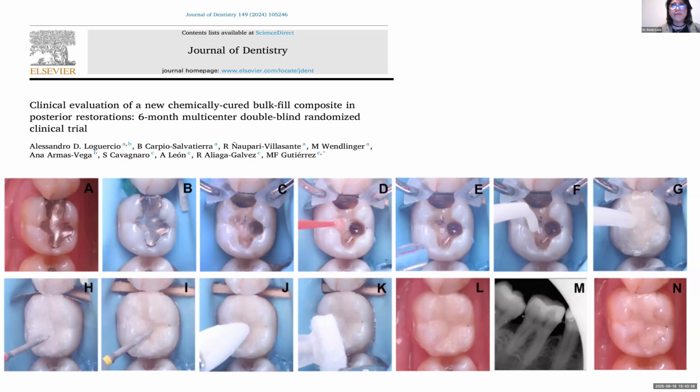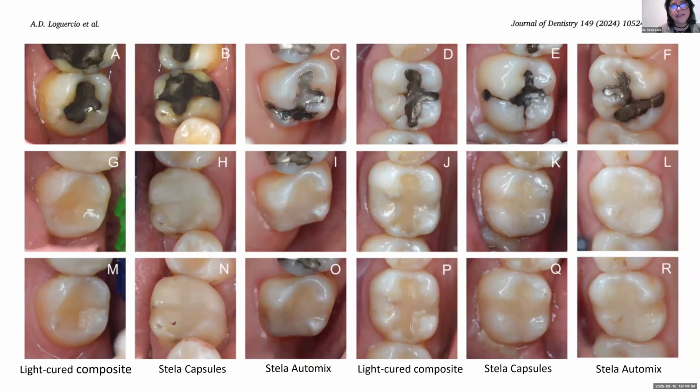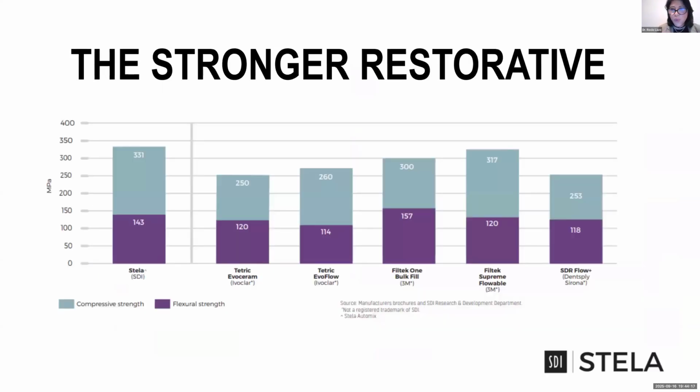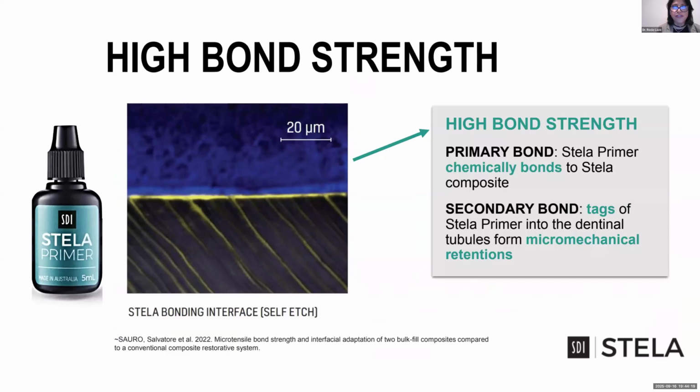Check this paper, Dr. Logercio: after 6 months, there was no color change in Stella syringe or Stella capsule after 6 months of follow-up. So Stella is a strong restorative. It's so strong, like an amalgam, it resists the occlusal forces so well.